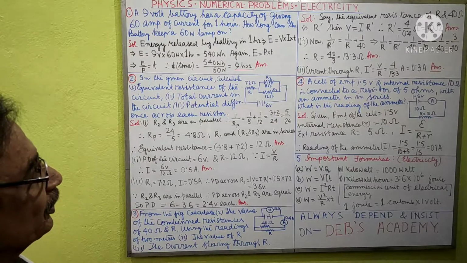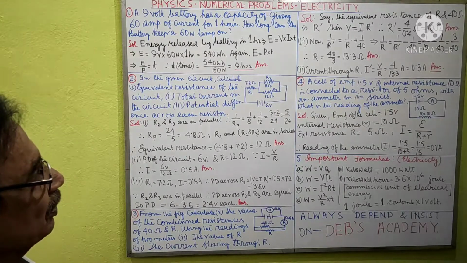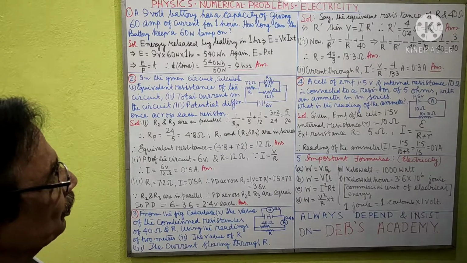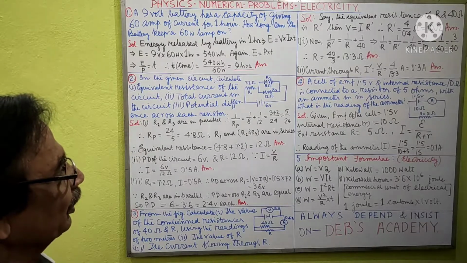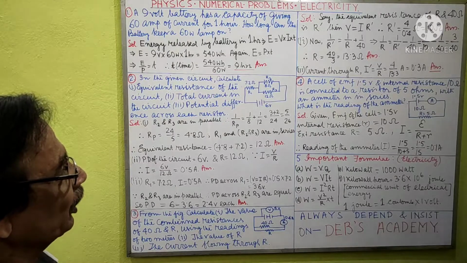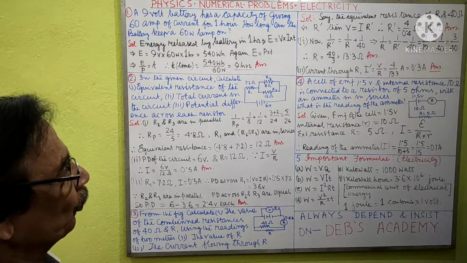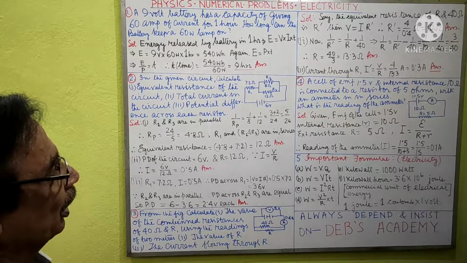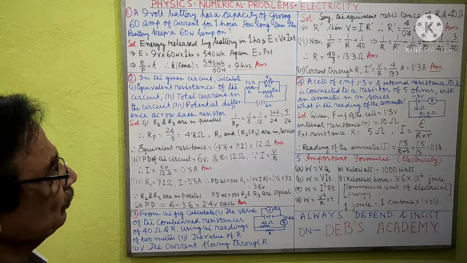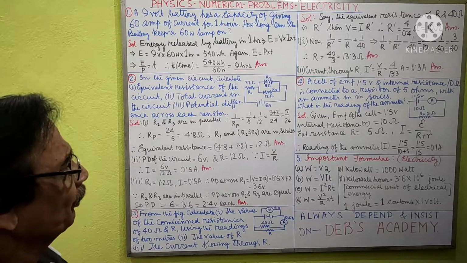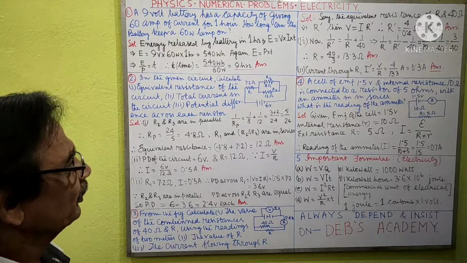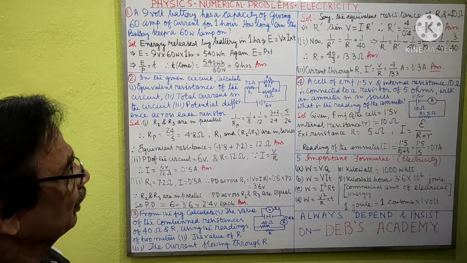Say the equivalent resistance of the circuit, R and 40 ohms combined, be R dash. Then V equal to I R dash, therefore R dash equal to 4 by 0.4, that is 10 ohms. Now 1 by R dash equal to 1 by R plus 1 by 40, since they are in parallel.